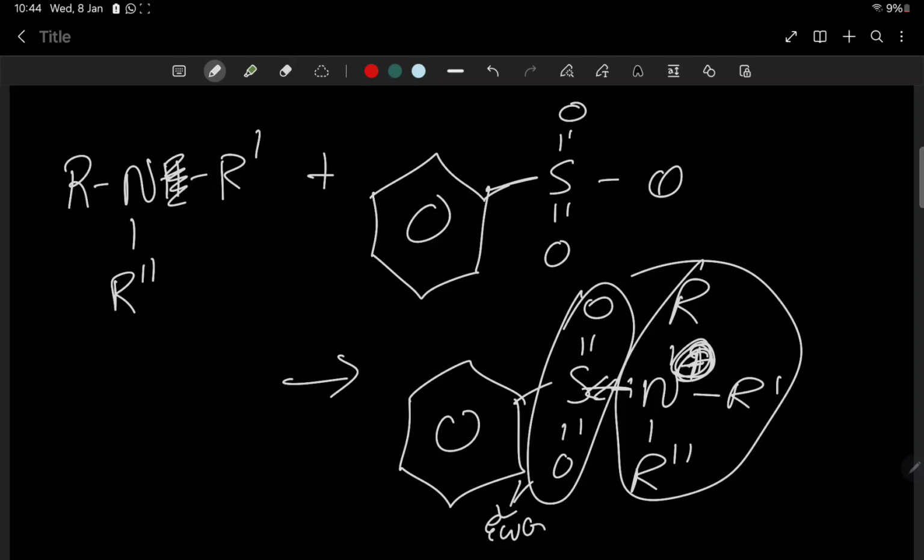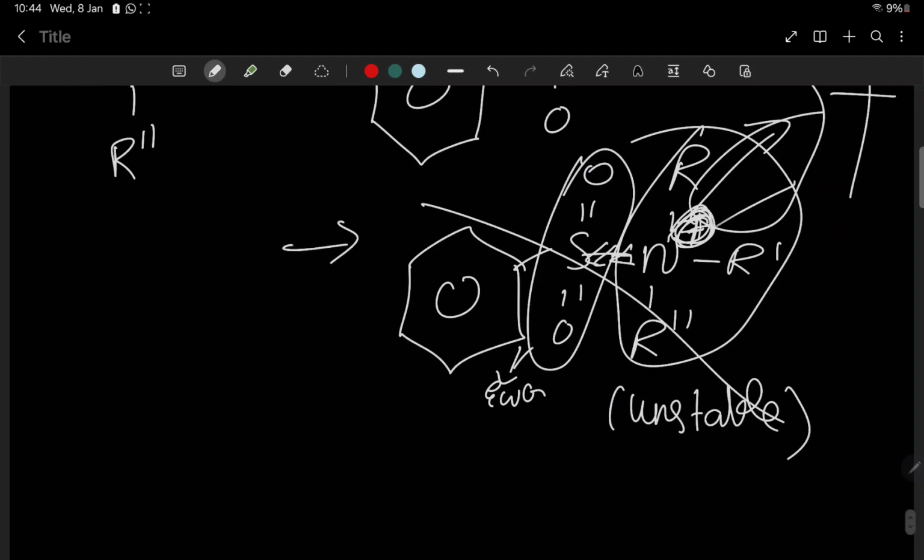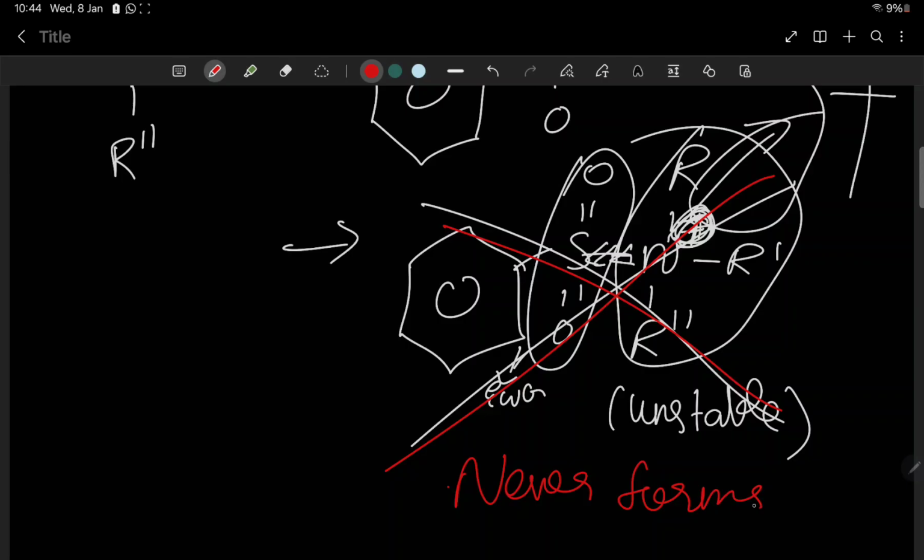So this is pulling too much, and this positive charge becomes a very big positive charge. So this compound is unstable. Therefore, as this compound is unstable, this compound never forms. So tertiary amines do not react with benzene sulfonyl chloride.